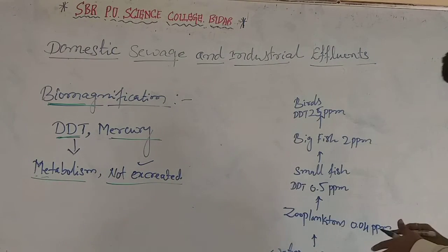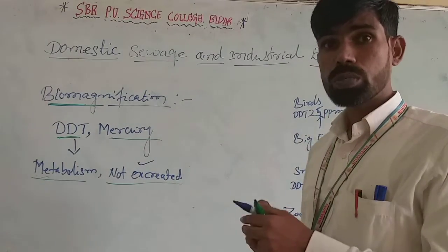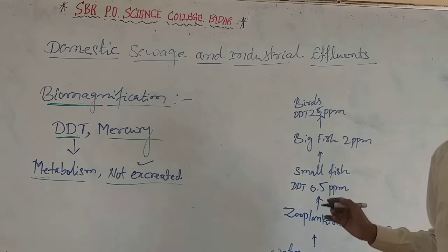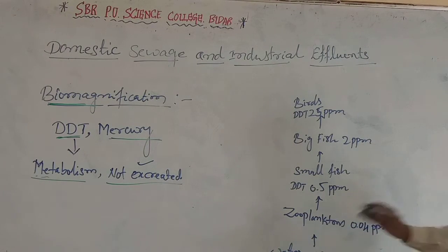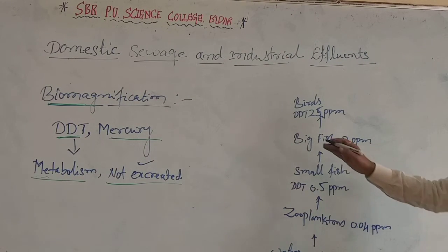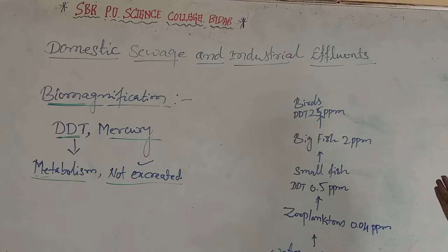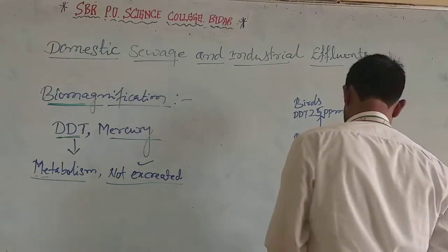You are taking a water system. The water is polluted by these chemicals, biomagnified DDT and mercury, which enter the water system. DDT is used, and mercury is produced from industry and used in places. The DDT will not degrade, so it is present in the water body.